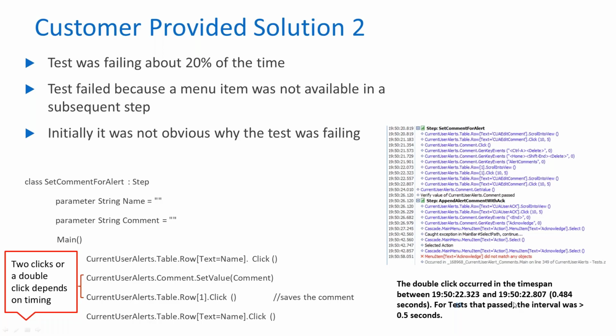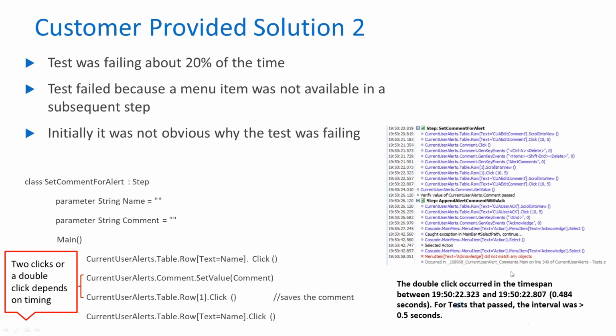He noticed that the test always passed if the interval between the two actions was greater than a half a second. So if it was greater than a half a second, then it was registered as two separate clicks. Whereas if it happened within a half a second, it was a double click. And that would cause the application to do something different than what Pete was expecting.